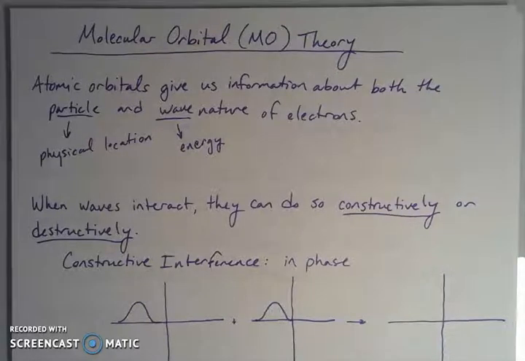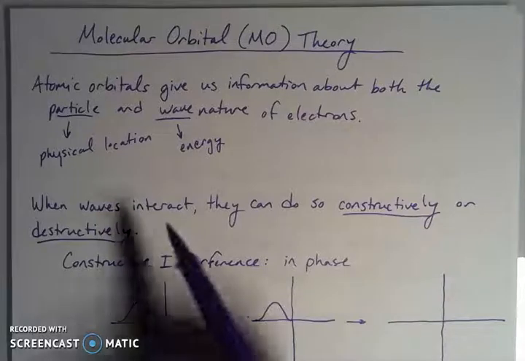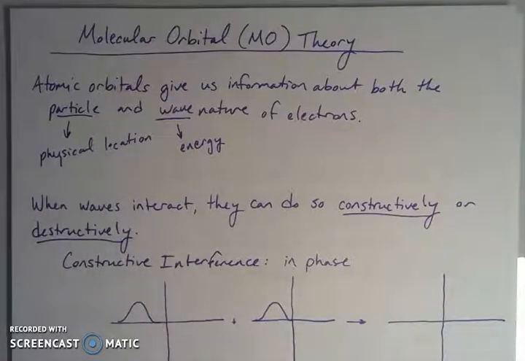So the movement of electrons and the sharing of electrons has both a physical component and an energetic component because electrons are both. And when we've talked about modeling theories in the past, we've mostly focused on the physical location of them. Are the orbitals overlapping? Are they in between two nuclei?